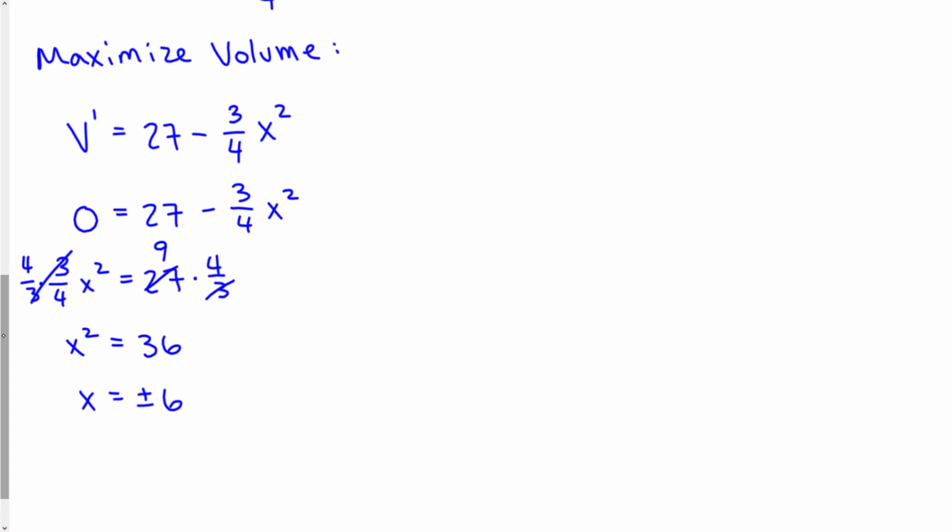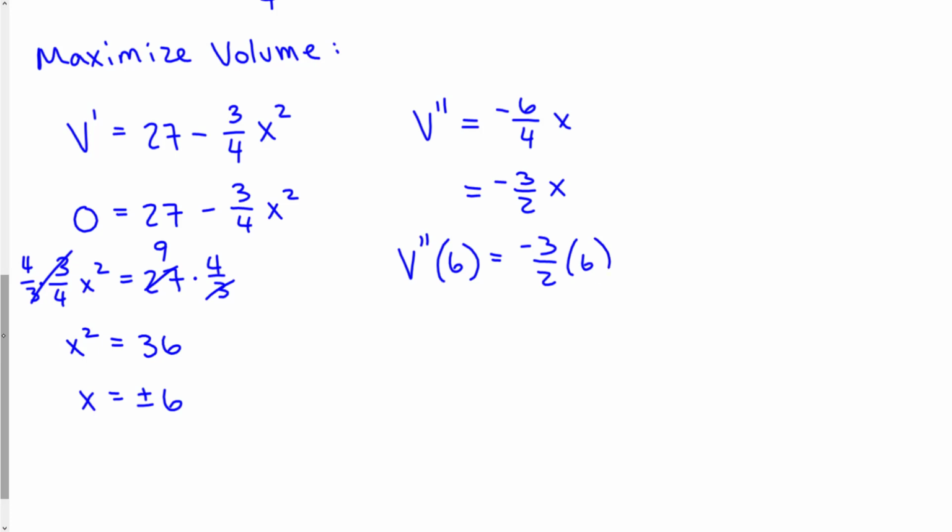In order to prove that, however, we would either need to use the second derivative test or the first derivative test. And I think that the second derivative test is probably easier in this case. The second derivative of my function would be negative 6/4 of x, which is negative 3/2 of x. So that second derivative evaluated at 6 would be negative 3/2 times 6. 2 goes into 6 3 times.